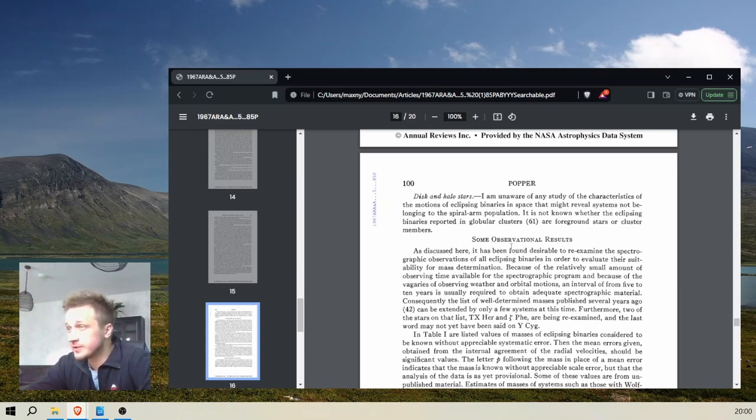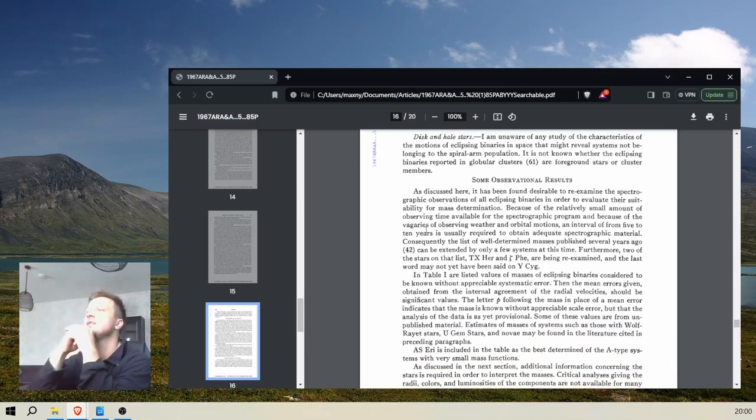Some observational results. As discussed here, it has been found desirable to re-examine the spectrographic observations of all eclipsing binaries in order to evaluate their suitability for mass determination. Because of the relatively small amount of observing time available for the spectrographic program, and because of the vagaries of observing weather and orbital motions, an interval of from 5 to 10 years is usually required to obtain adequate spectrographic material.